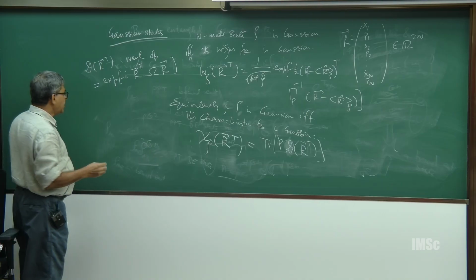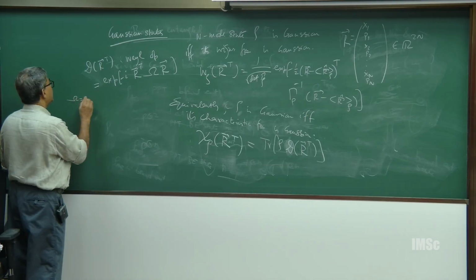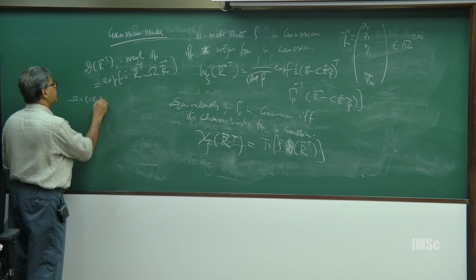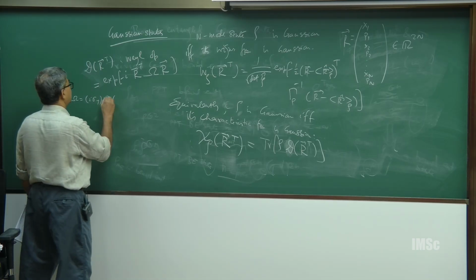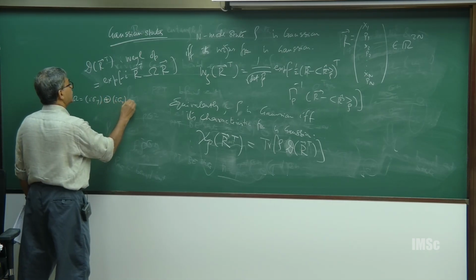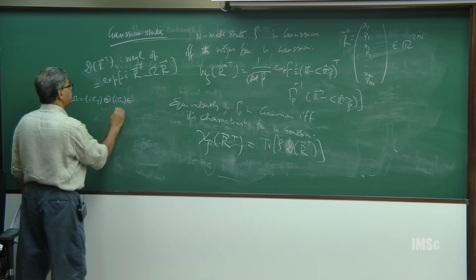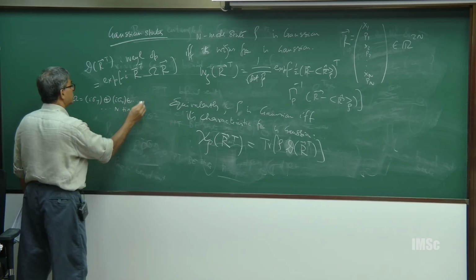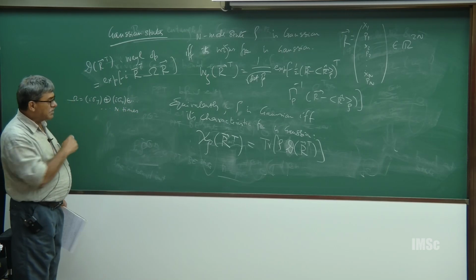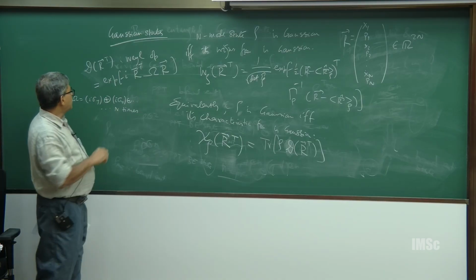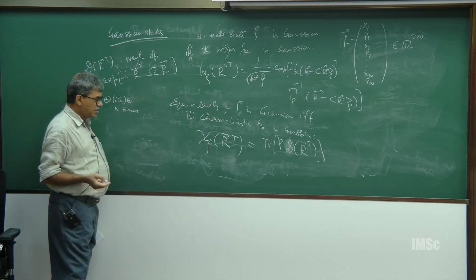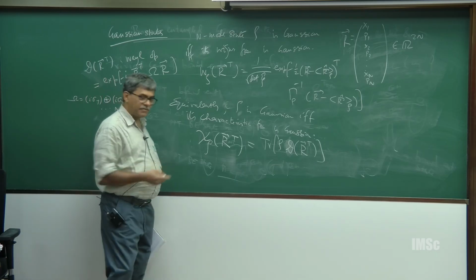And what is this omega? Omega is i sigma y direct sum i sigma y, n times. This is the symplectic matrix. So, this is my Weyl operator and this is the characteristic function.